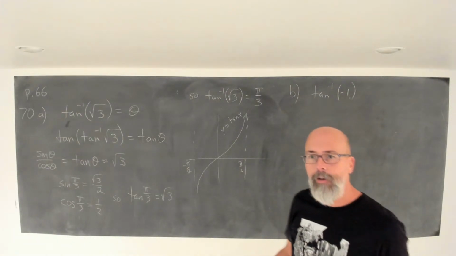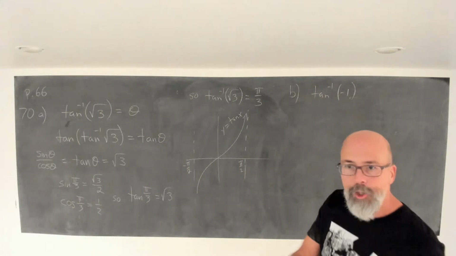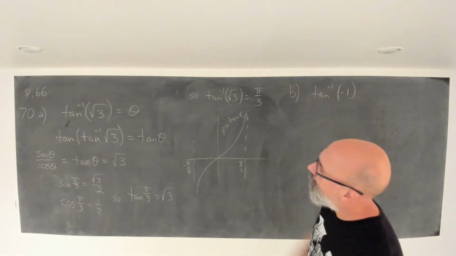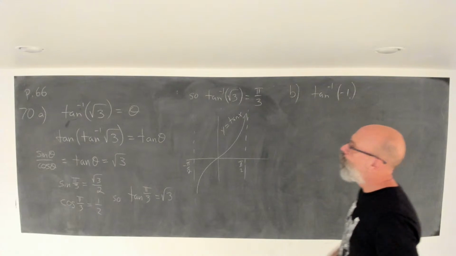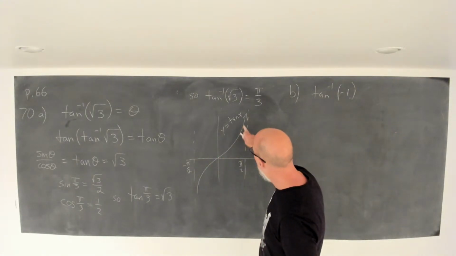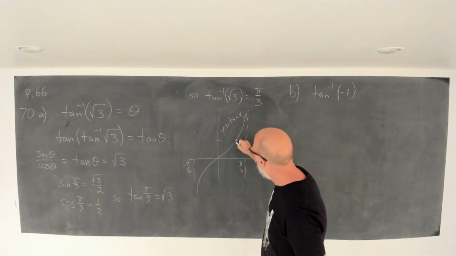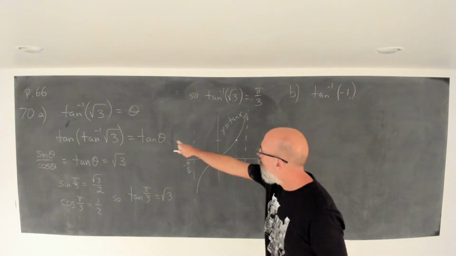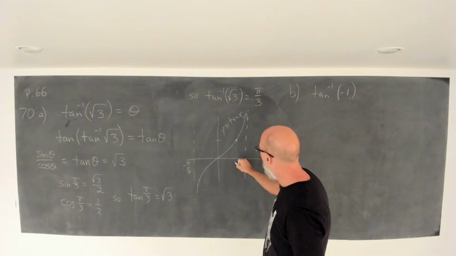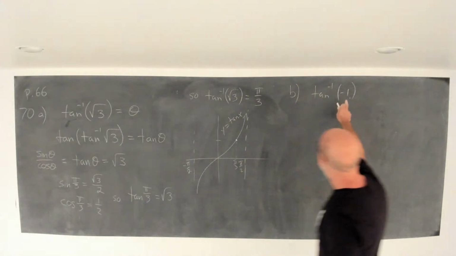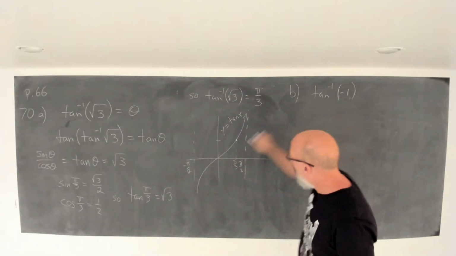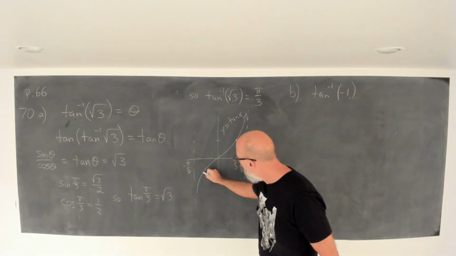Arctan of -1. Same question, right? Here we're looking at arctan of root 3, and when this is root 3, we argue that the angle is pi over 3. Now the question is, when is tangent -1?